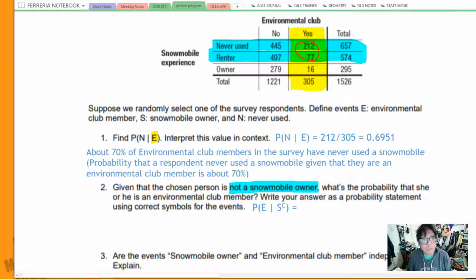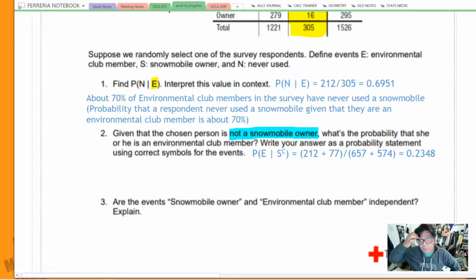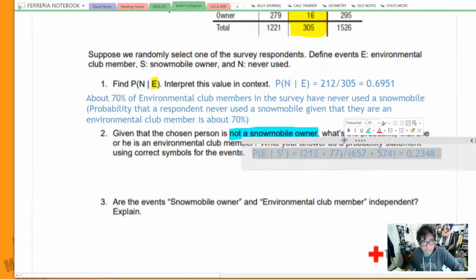So let's write 212 plus 77, and we're going to divide that by the total number of not a snowmobile owner people, which is these numbers over here: 657 plus 574. That gives me about 0.2348. So there's a probability statement using correct symbols. And I think that's all we need. We don't actually have to interpret that.